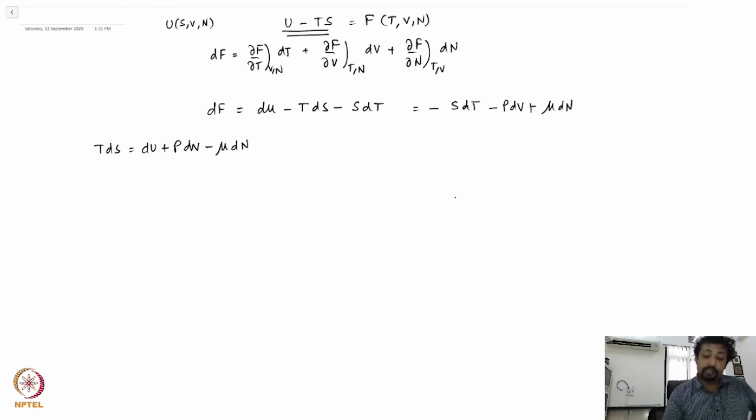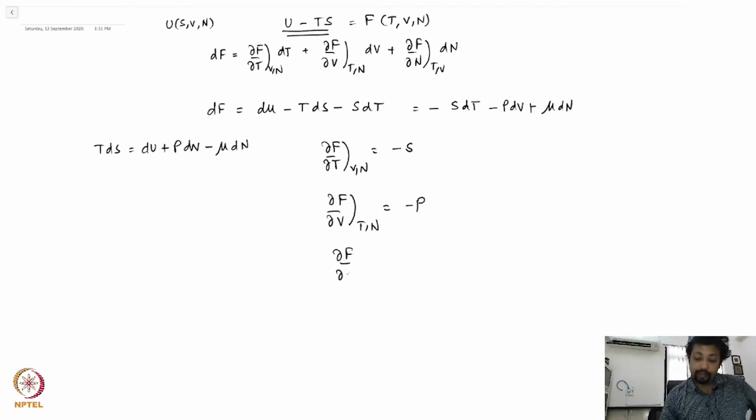So you immediately see, if you compare, that ∂F/∂T at V, N constant is minus S. ∂F/∂V at T, N constant is minus P. ∂F/∂N at T, V constant is the chemical potential mu.